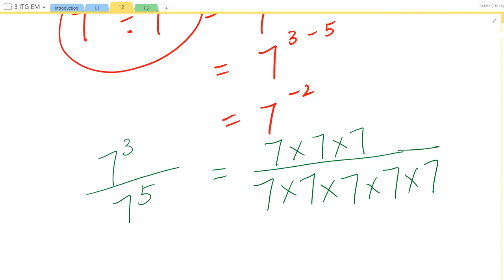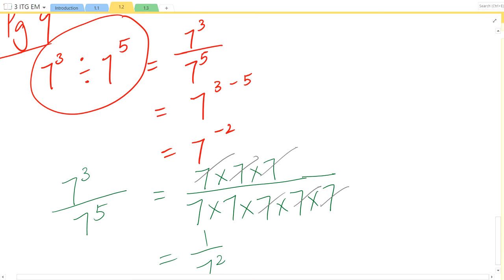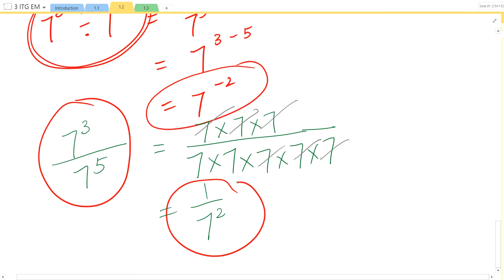Yeah, cancel with your pencil. Cancel, cancel, cancel. What am I left with? 1 over 7 squared. Right? Do I have the same question over here? Same question, so the answers must be the same, right? This must be the same as this. Get it?